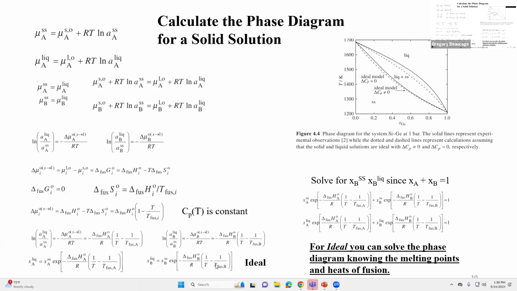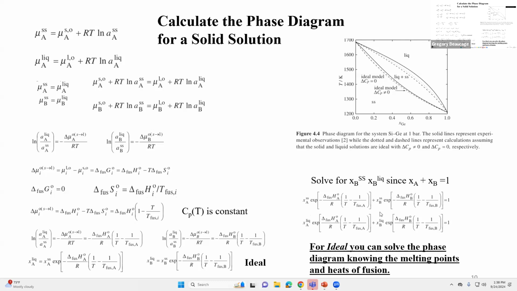There are four unknowns here and two equations, but you know that XA liquid plus XB liquid has to equal 1, and XA solid plus XB solid has to equal 1. So actually you have four equations. So you just write XA solid as 1 minus XB solid, and so on. Then there are two unknowns and two equations, so you can solve that.